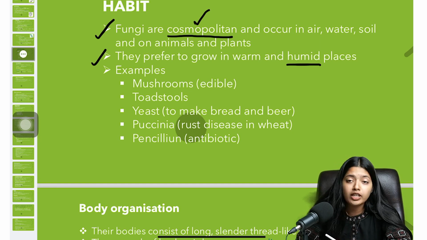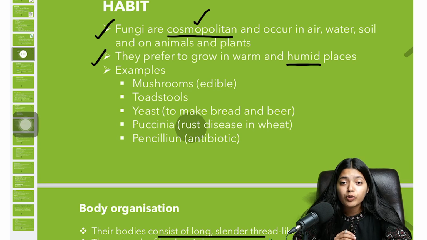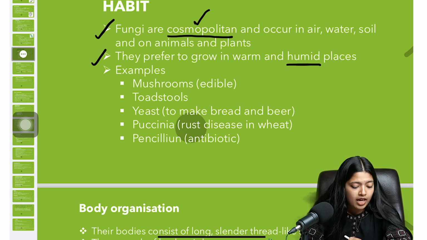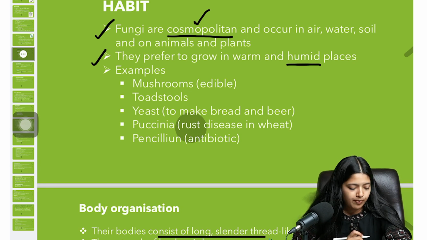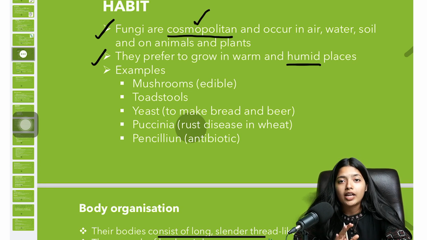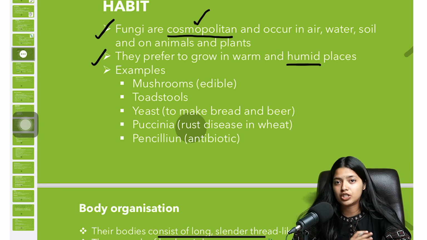Because if water content is present, it is easy for fungal growth. It is a favorable condition for the growth of fungi. So to avoid humidity, we keep food in the refrigerator. So warm and humid conditions are their favorable conditions for growth.